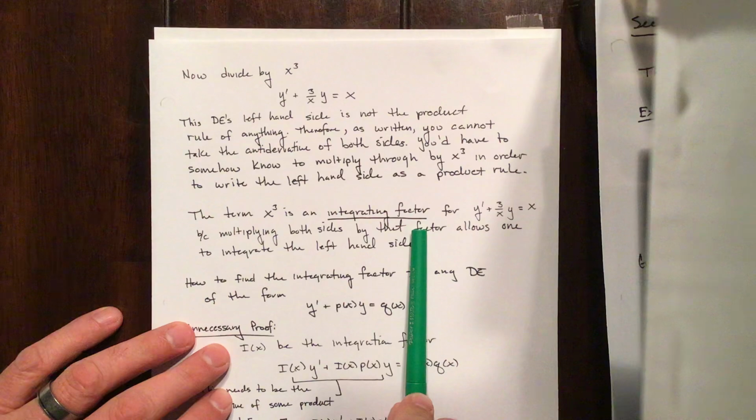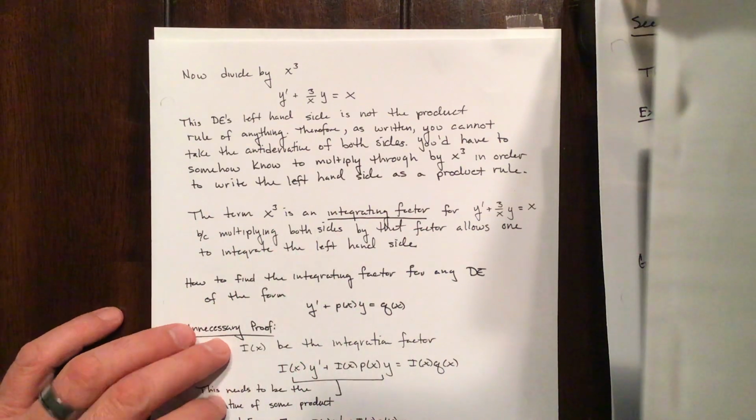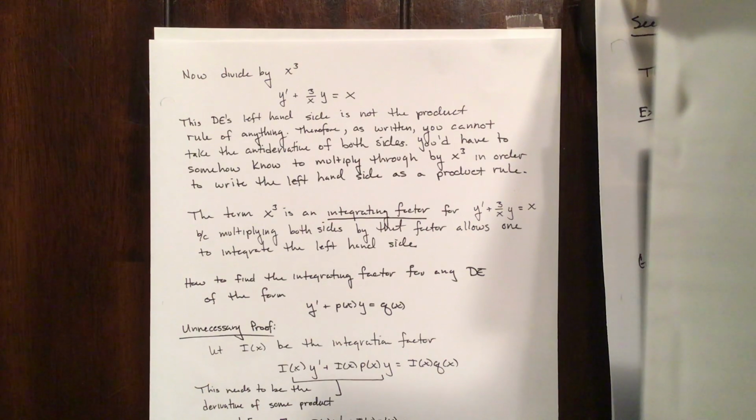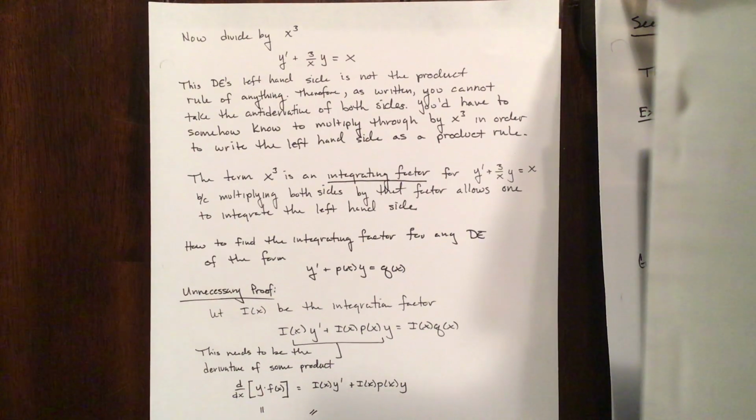And the integrating factor for the problem that we've been working with is x cubed, because when you multiply both sides by that factor, it allows you to write one side as the derivative of a product, and then integrate both the left and right hand sides. So the question that we need to answer is, how do you find out what that special integrating factor is that you can multiply both sides to make work?